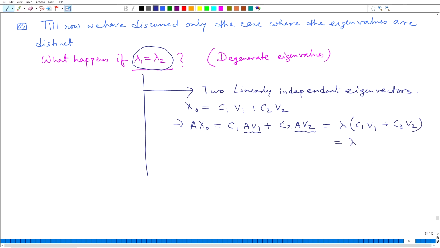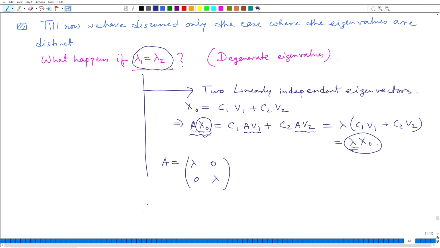So, you will have lambda times x0. So, if you simply apply this A on this x0, you will see that it will simply be dilated by a factor lambda, okay? And that simply says that A is nothing but a diagonal matrix [lambda, 0; 0, lambda], okay? And x0 is its eigenvector, okay?